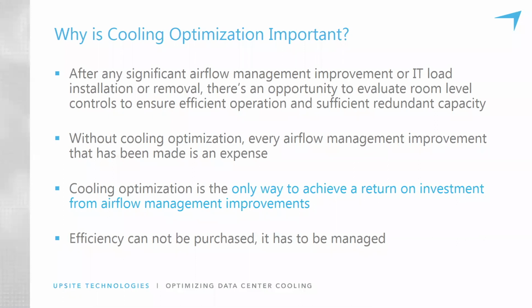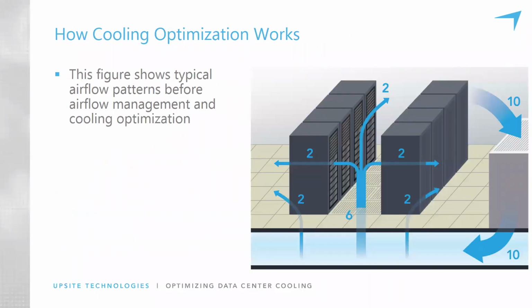So let's revisit again that very important concept of bypass airflow and how this works. Now in these diagrams, I've added some numbers, and these numbers represent the volumetric flow rate, or the flow rate of air. In the United States, the unit that is most common is CFM, cubic feet per minute.